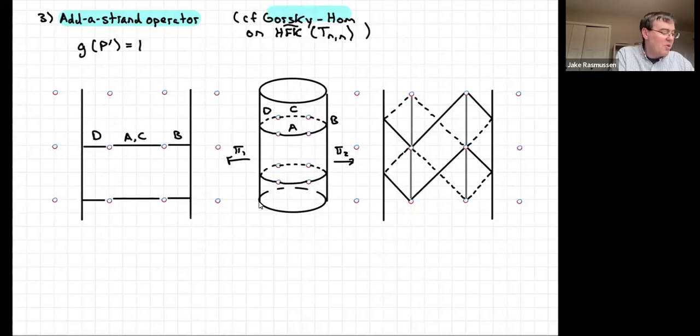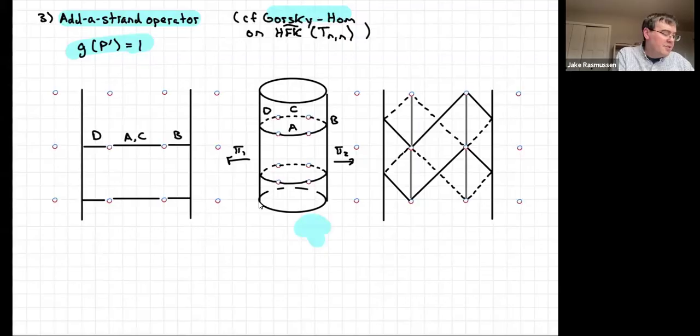So it's interesting to compare this way of thinking about it with their calculation. This add a strand operator, again, is represented by a surface of genus 1. When I pass to these covers, this surface of genus 1 uncovers to a cylinder here.